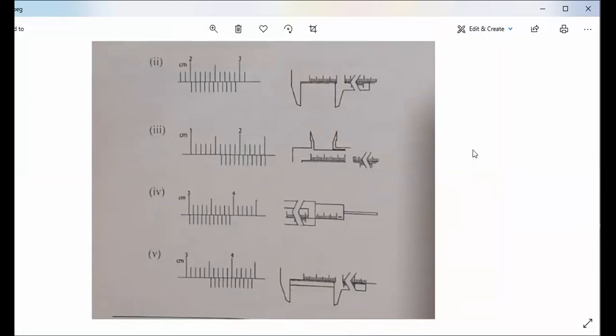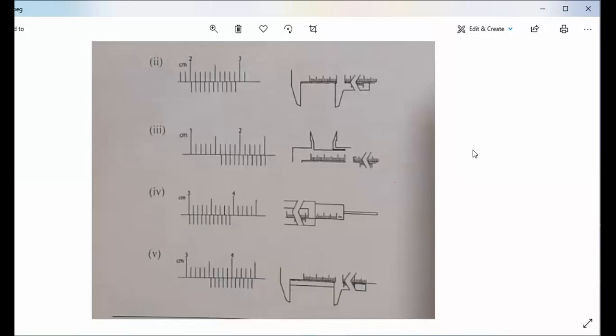Put a star point and write: external jaws are used to obtain two measurements.